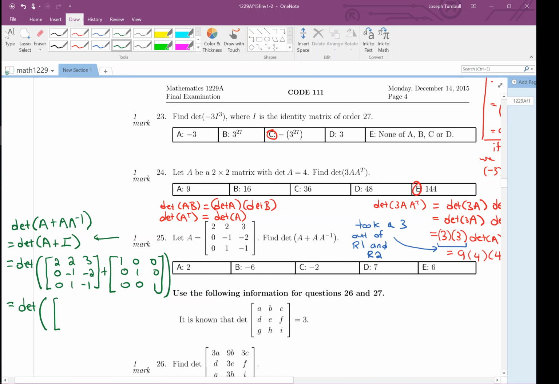Now we add entry by entry. So 3, 2, 3, and then 0, 0, negative 2, and then 0, 1, 0.